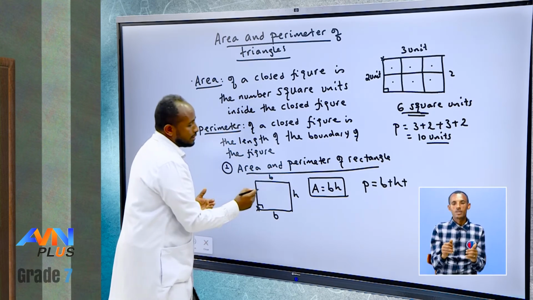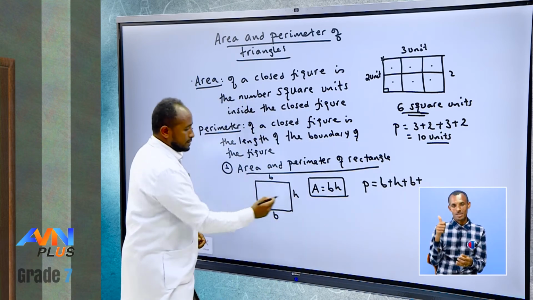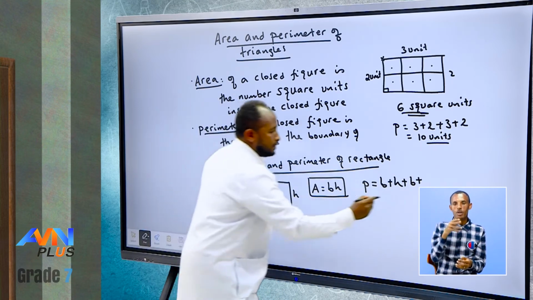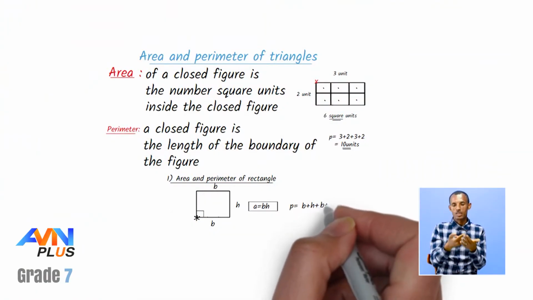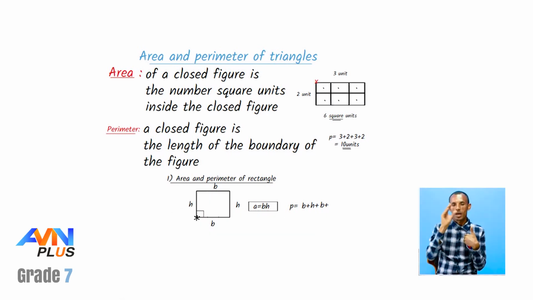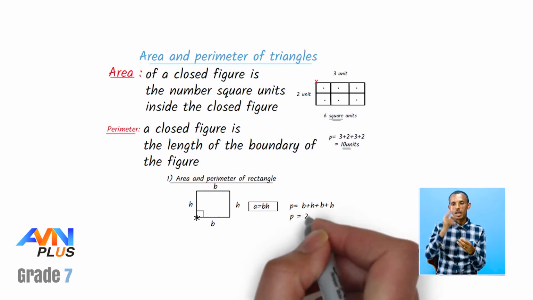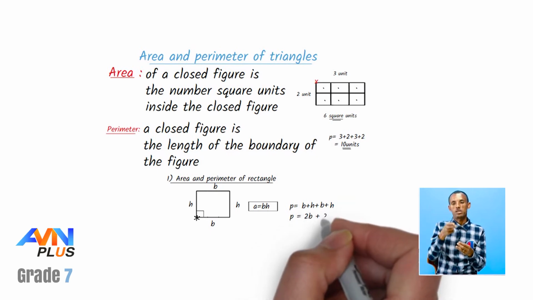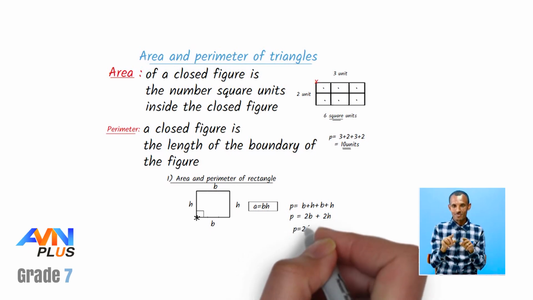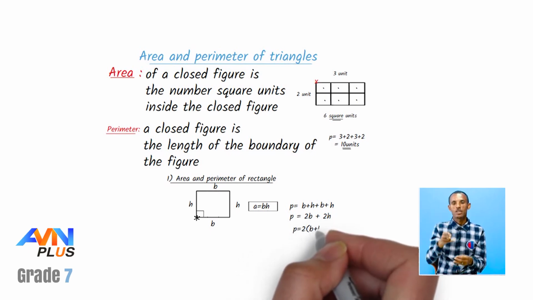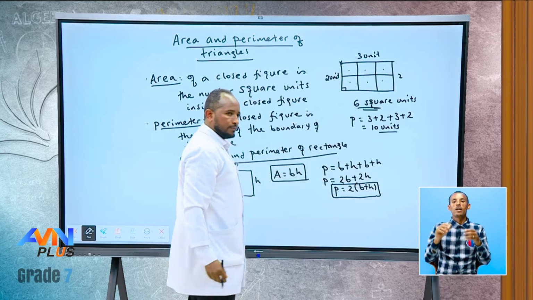Therefore, B plus H plus B plus H. Simplifying this, B and B are like terms, so you can add these two. You have 2B plus 2H. Factoring out 2 as a common factor, it becomes 2 times (B plus H), which is the perimeter of a rectangle.